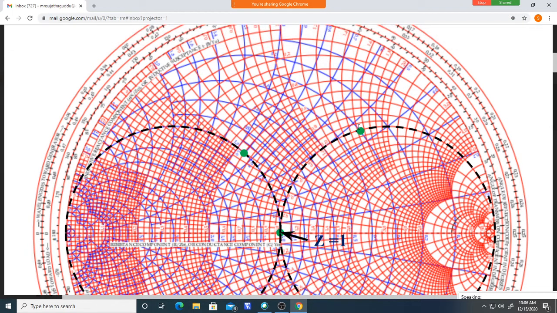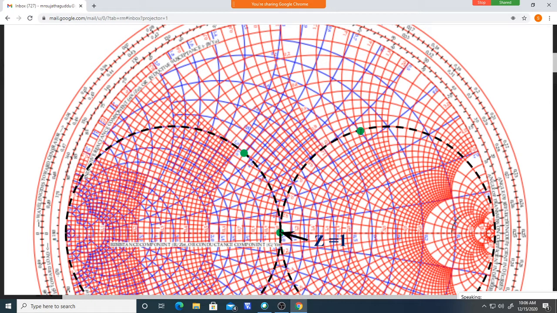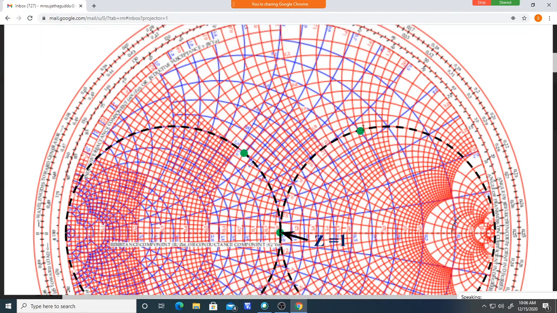So you should take an intermediate value between this B circle and this B circle, between 0.4 and 0.5. If you draw one more circle, you can take the B value as 0.3. So the value here is 0.3 minus 0.3j.